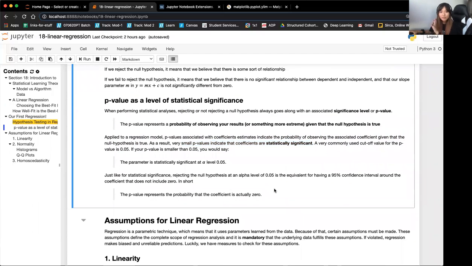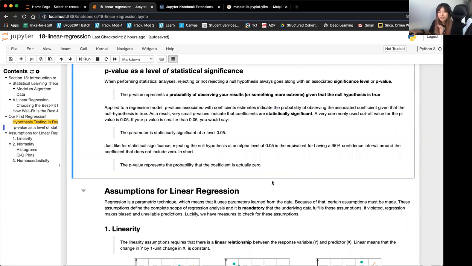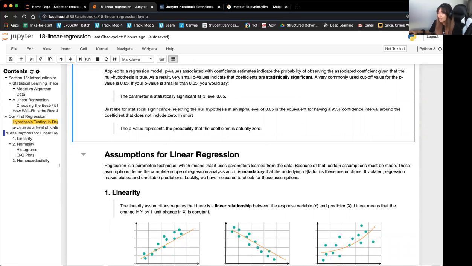Okay, so we've already run our regression. Now to end off, there are some important assumptions for linear regression. You can't just run a regression on everything that you see. I mean, you can, but sometimes things might not have the right relationship for linear regression. For example, if your scatter plot doesn't look like you can fit a line through it, why would you run a regression? Linear regression is a parametric technique, which means that it uses parameters learned from the data.